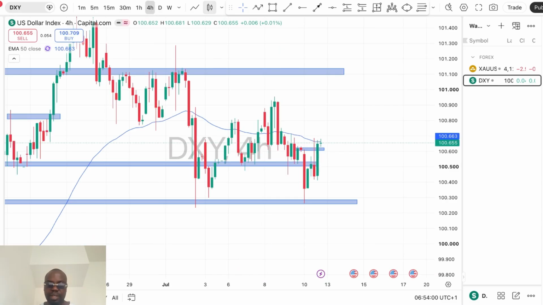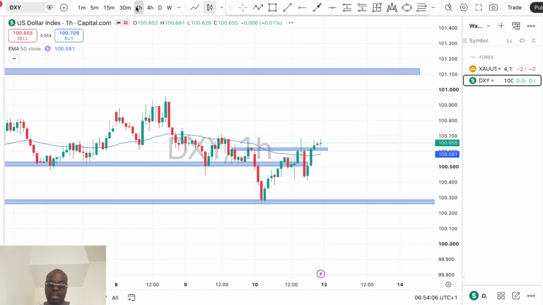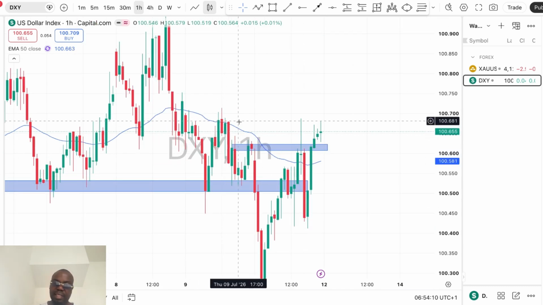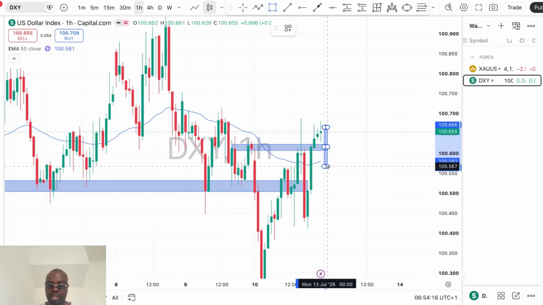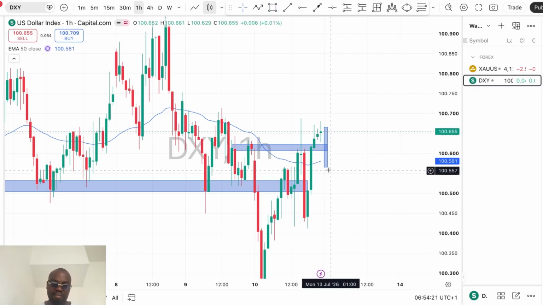But gold is very bullish and DXY looks bullish. If you ask me, I will not be selling this market for no reason, unless maybe the next candlestick that opens does a very clean bearish engulfing here, which is what I would expect. A very clean bearish engulfing, then price comes back to 50% of it, then starts dropping.